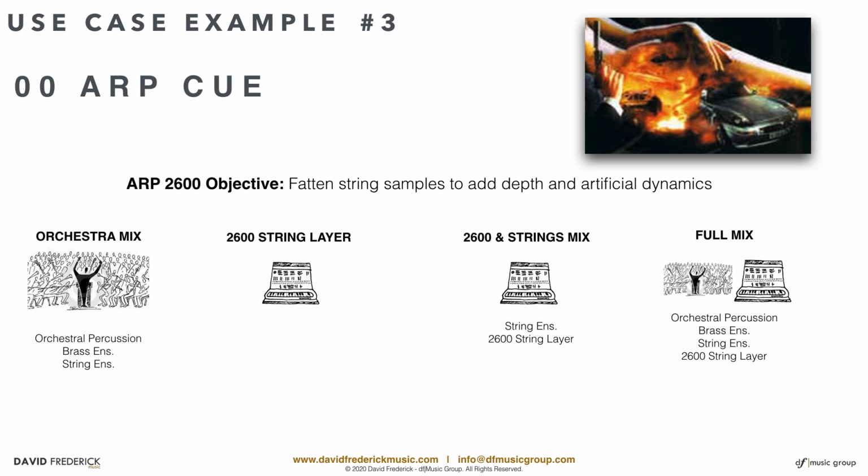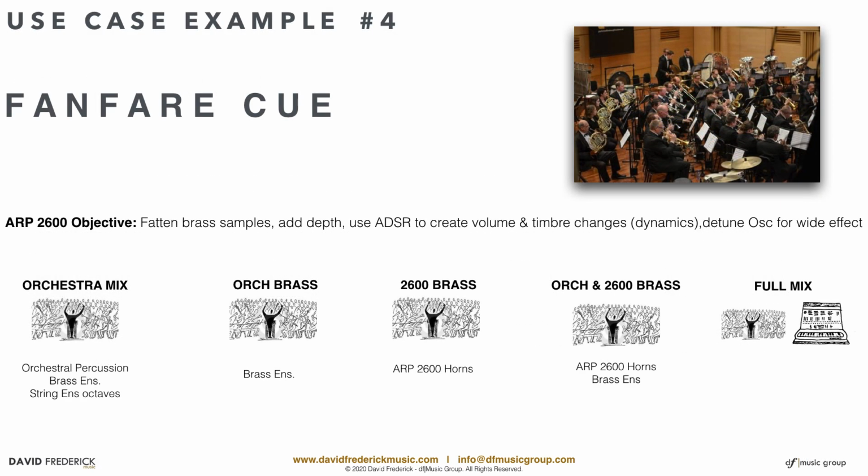All right, let's wrap up these subtle use cases with one more example of using the 2600 to kind of make these brass samples sound a little more natural. So in this case, this is kind of a fanfare kind of vibe with brass. The objective is to use the 2600 to fatten those brass samples, add some depth.